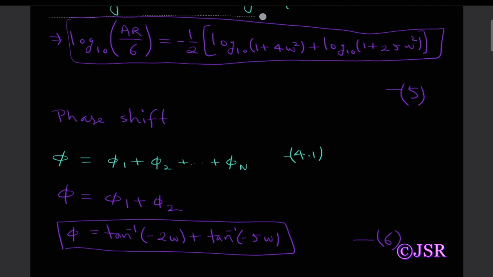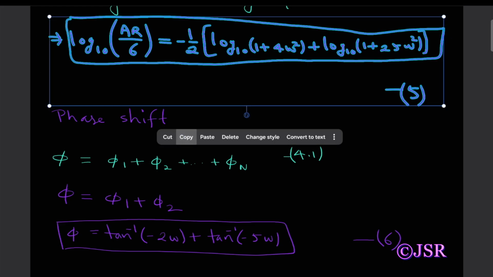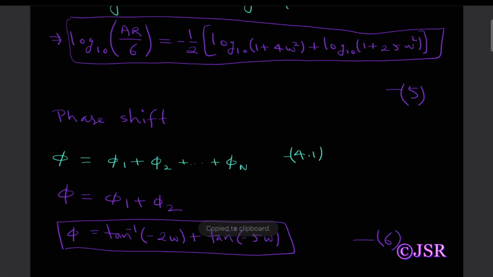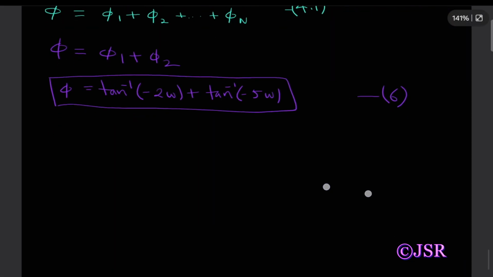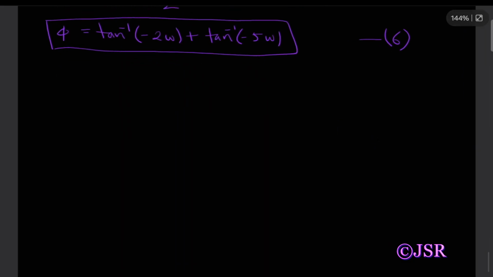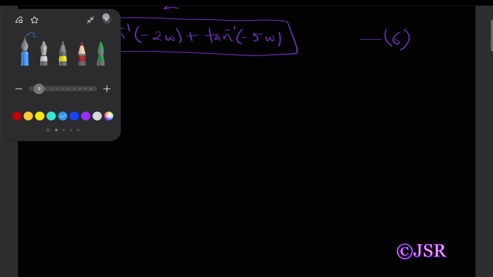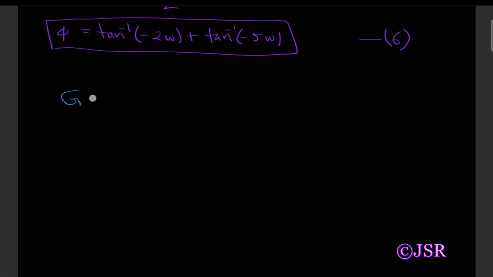Now let's start with the gain plot, and here we will copy equation number 5. Gain plot: here we will plot AR by 6 versus omega.